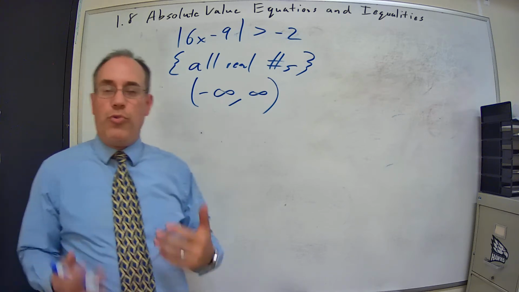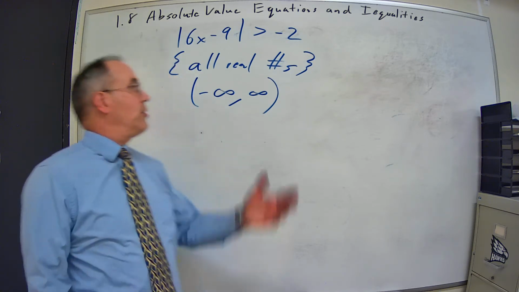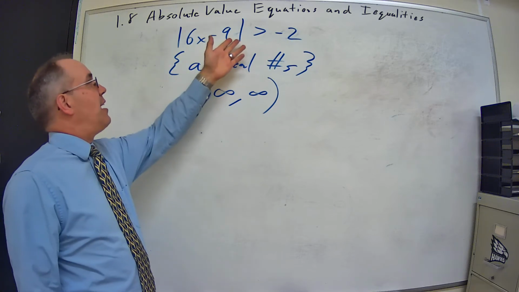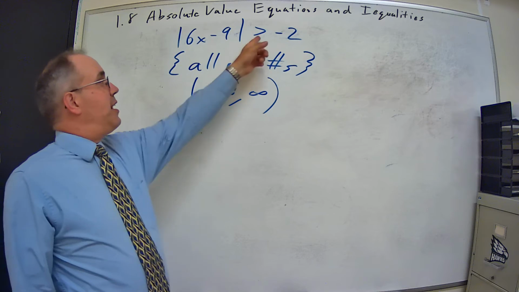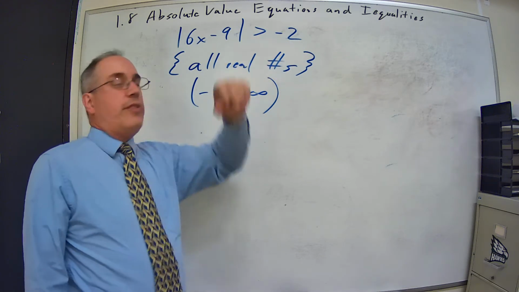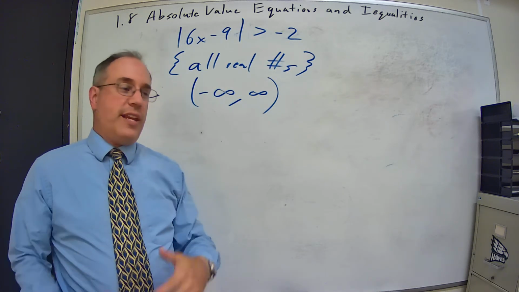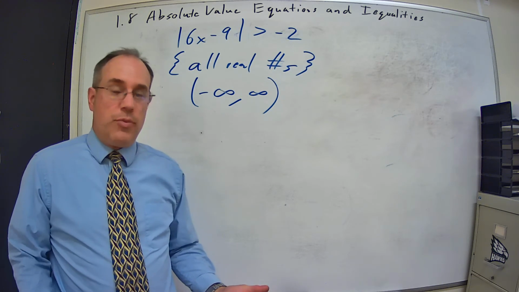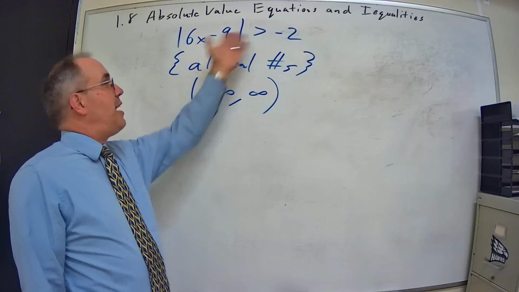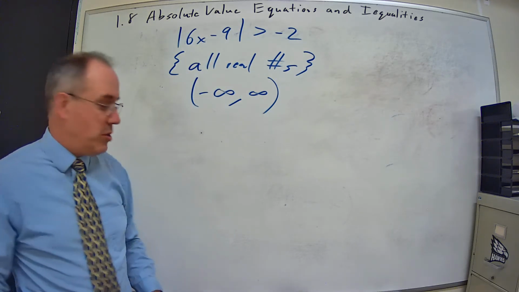So I could give you a really horrible looking expression inside the absolute value. And if I ask, when is it greater than -2 or greater than a negative number, the answer is always. Because absolute value will never give me a negative value. So it's always greater than that.